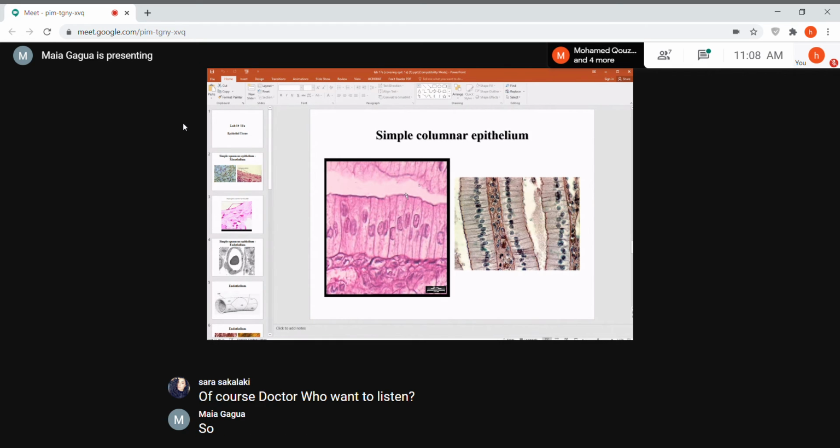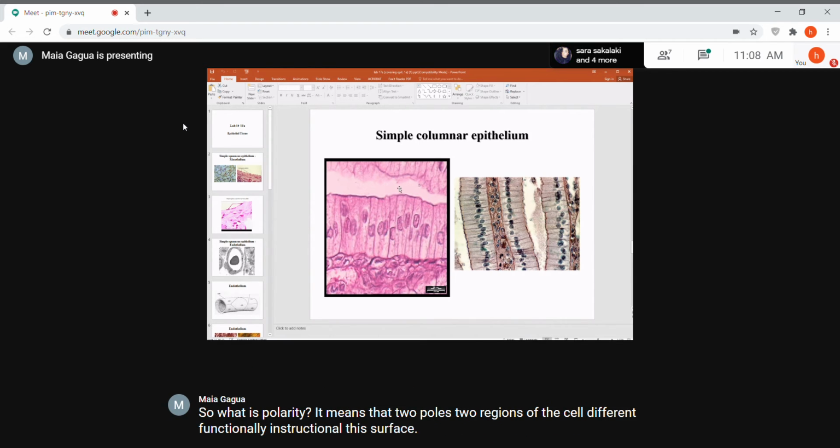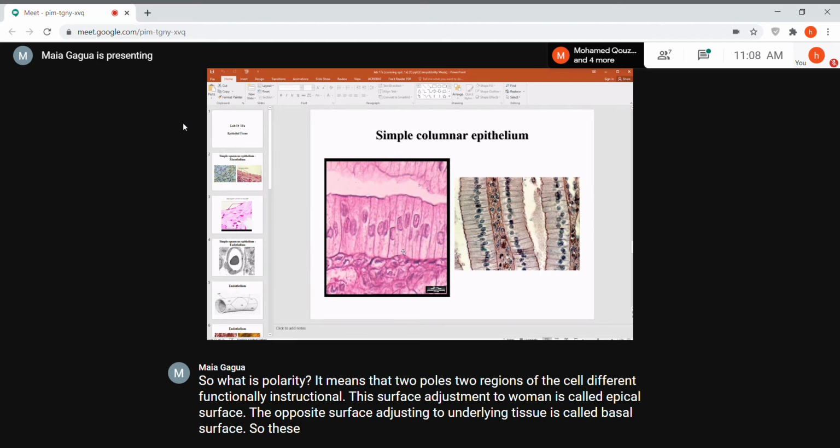So what is polarity? It means that two poles, two regions of the cell differ functionally and structurally. The surface adjacent to lumen is called apical surface. The opposite surface adjacent to underlying tissue is called basal surface. So these two parts of the cell differ from each other.